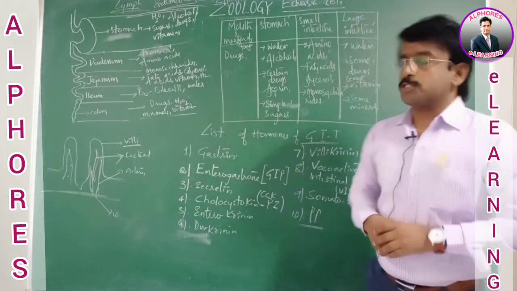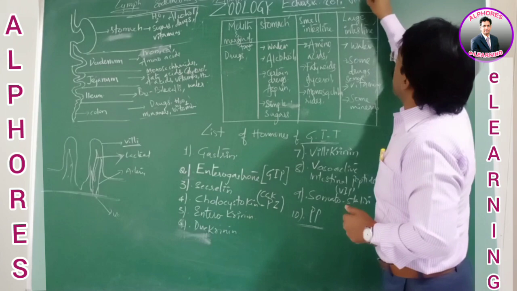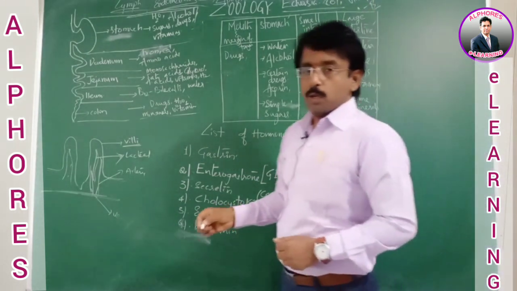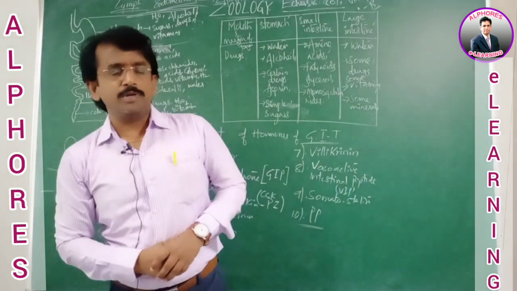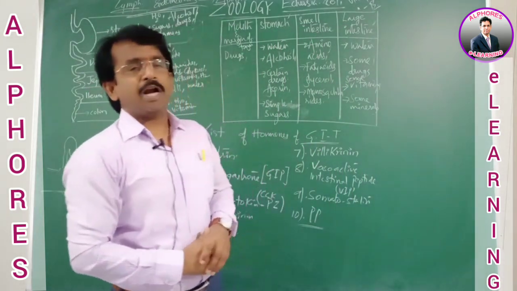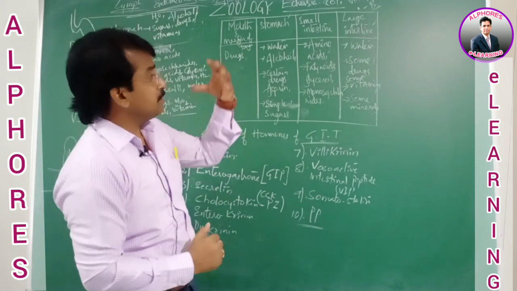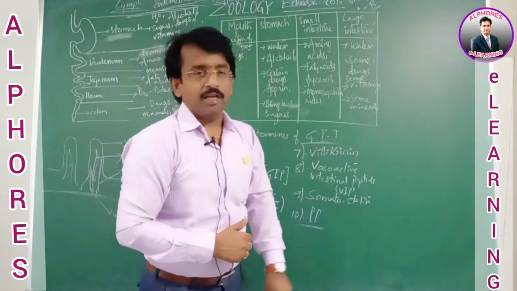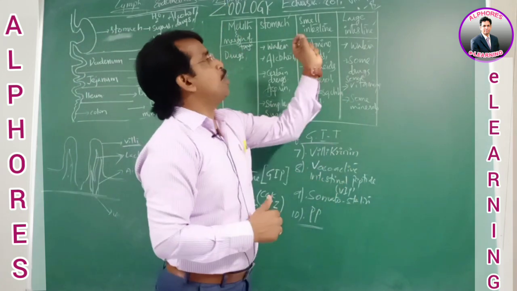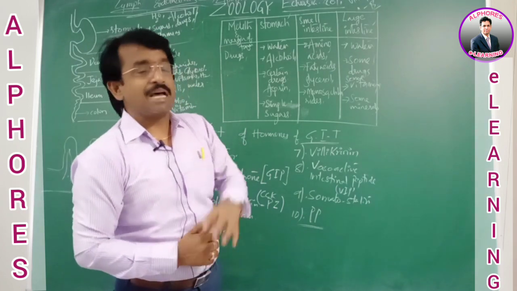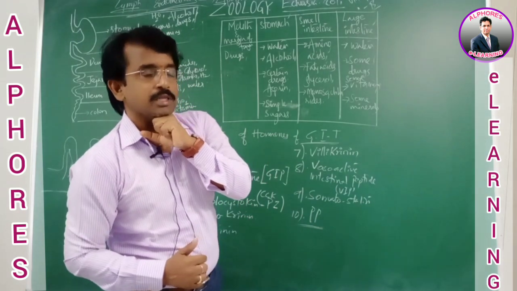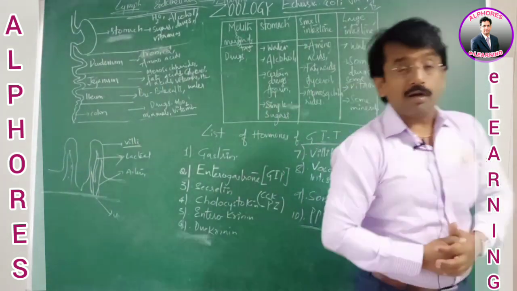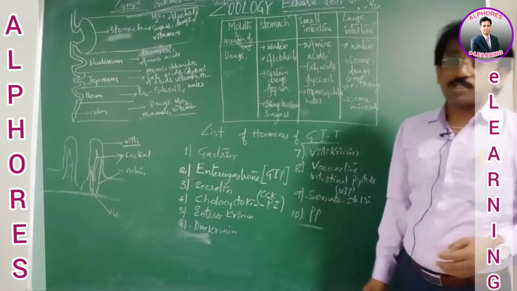Intestinal bacteria synthesize vitamin K and vitamin B, which includes B1, B2, B6, B12, pantothenic acid, biotin, likewise various. It is a complex of vitamins. In this connection, vitamin K and some of the vitamin B, that is pantothenic acid and pyridoxine, are synthesized by intestinal bacteria.